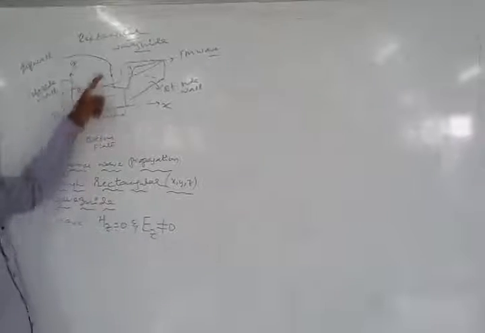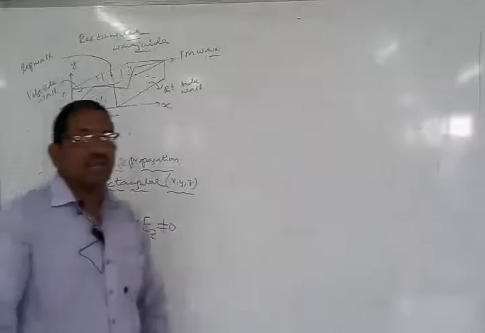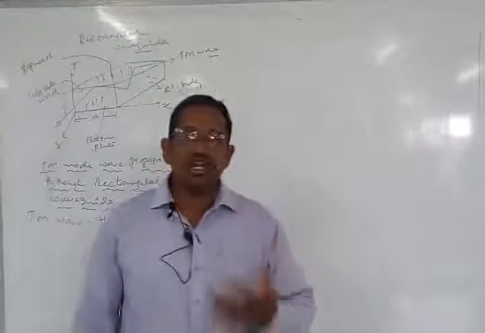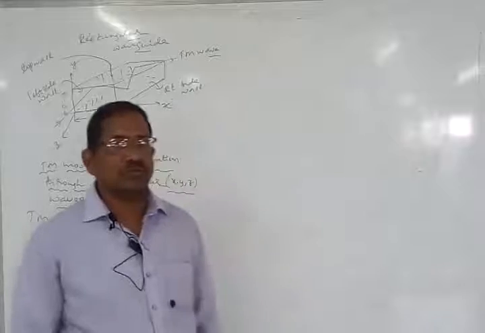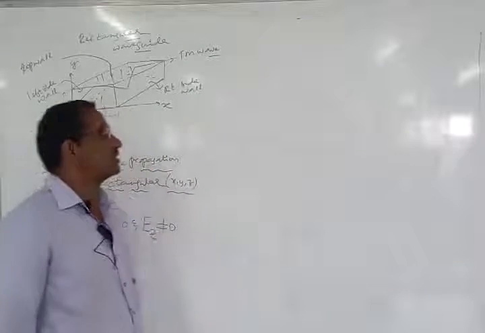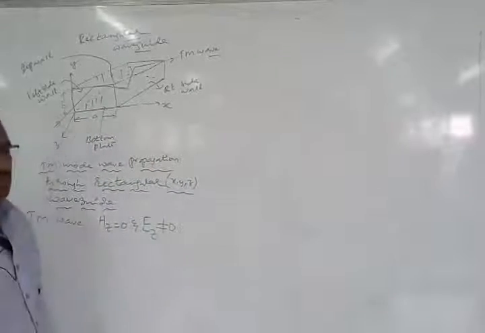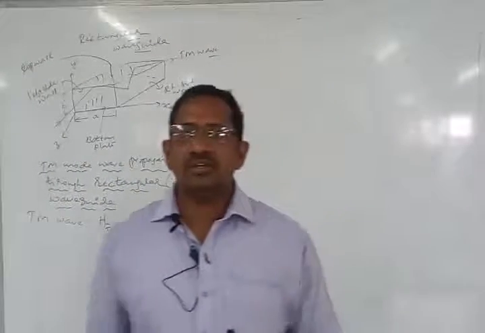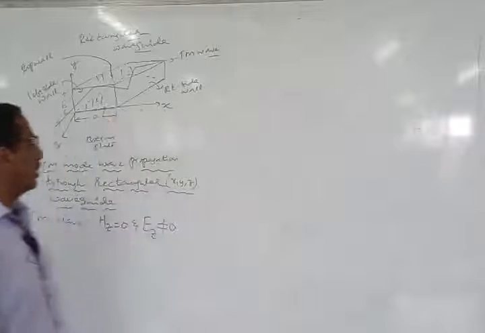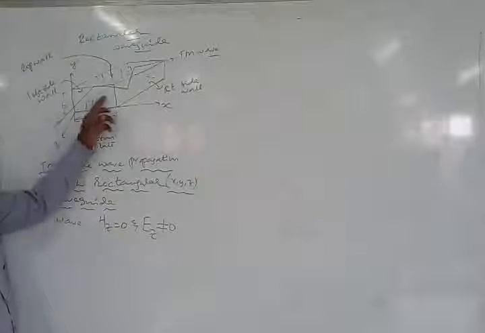We have a closed waveguide, which is known as a guided wave, to guide the wave propagating through the transmission section or the receiver section. These waveguides are normally the building blocks in the transmitter section as well as in the receiver section. Now we try to derive the wave equation.